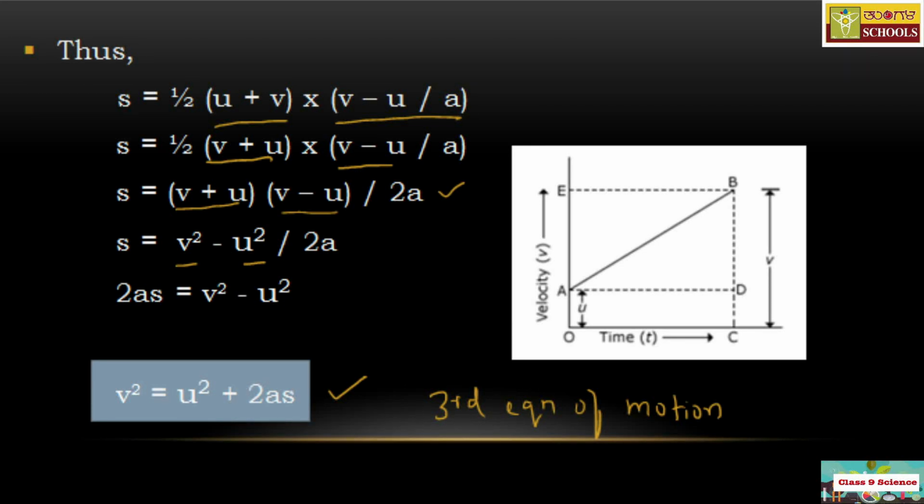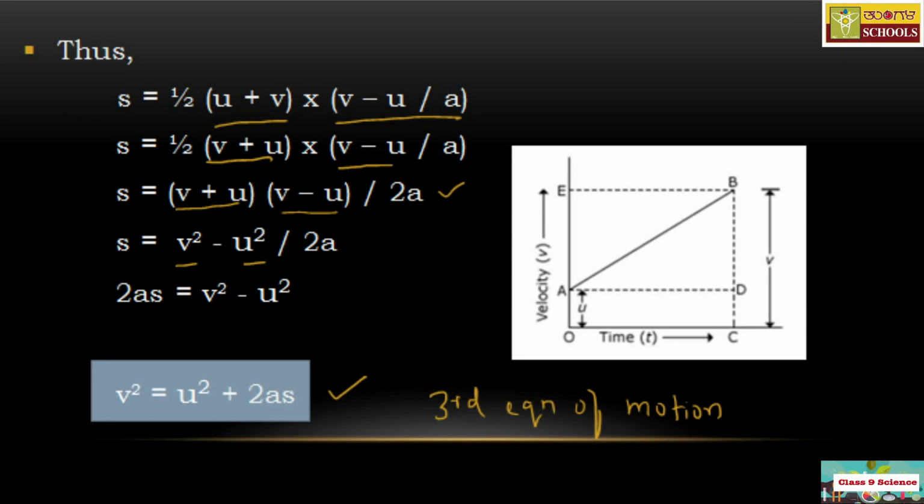So you will get v plus u into v minus u divided by 2a, and you can write s is equal to v square minus u square divided by 2a, and hence 2as is equal to v square minus u square, and you can write it as v square equal to u square plus 2as. This is the third equation of motion.